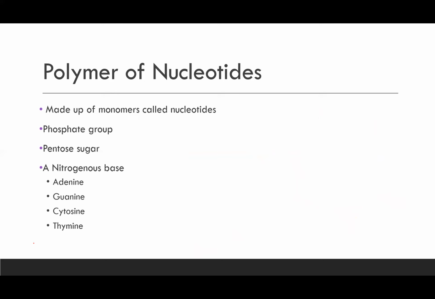So if you were to draw an adenine nucleotide, you would look for the phosphate group in the data booklet, and you would draw down your phosphate group straight away. And your phosphate group always joins at where that OH would be at the bottom. Okay, so it bonds there. And then it's going to bond to your pentose sugar. I'm not going to draw on all the parts of the pentose sugar.